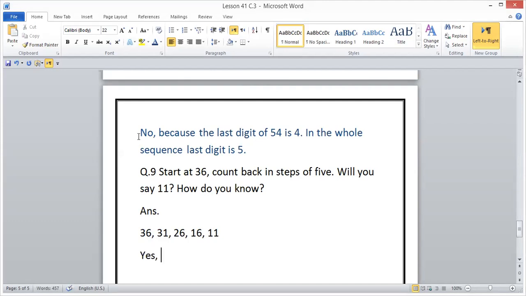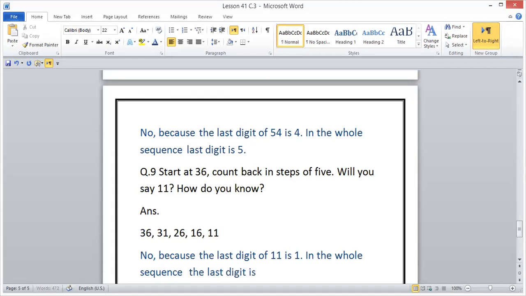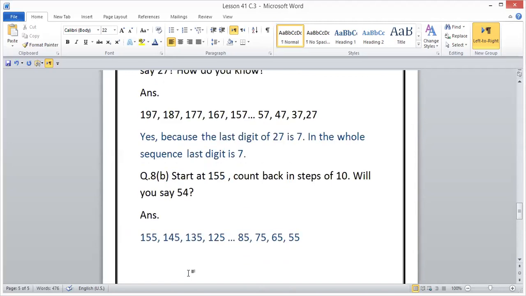The last digit of 11 is 1. In the whole sequence or pattern, the last digit is 6 or 1, as we have written in question number 5.